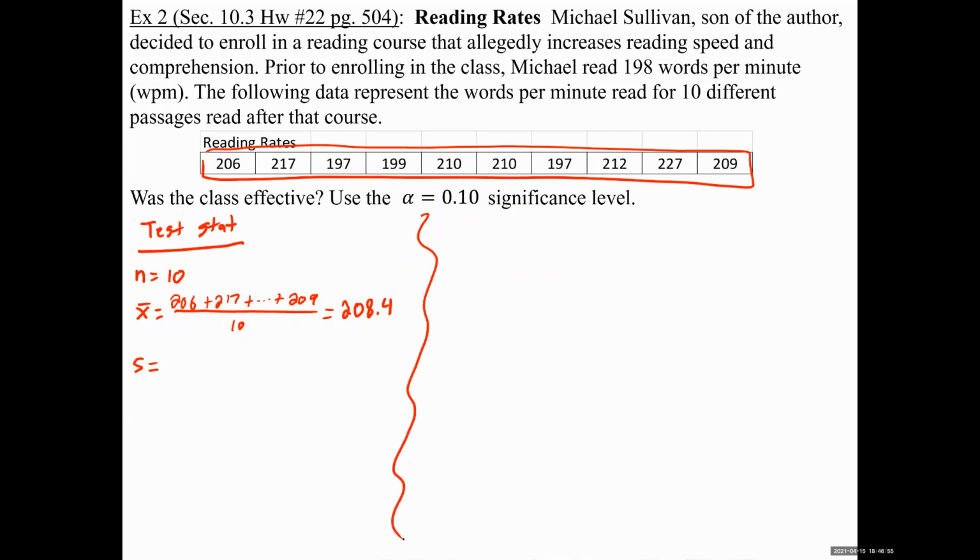So to find the standard deviation, you have to first find two sums. You've got to find the sum of x squared. That means you square each number and then add them all up. Okay, so let me do that.